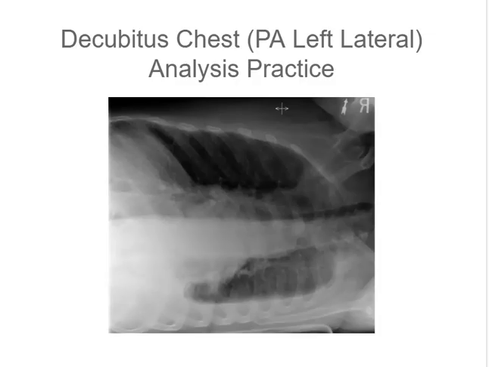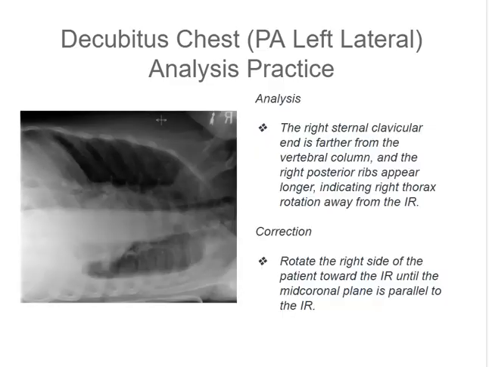Utilizing our image analysis guidelines, go ahead and analyze this image and answer the following question. In this PA decubitus chest practice analysis, we're going to look for rotation. So you want to look for your sternoclavicular ends. One is about here, and the other is crossing the vertebral column.